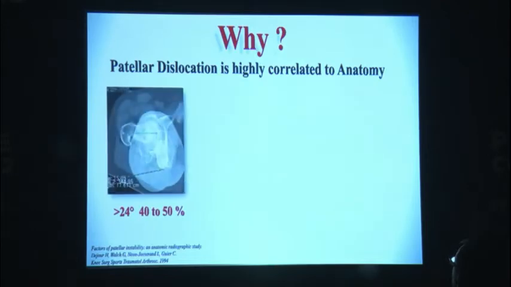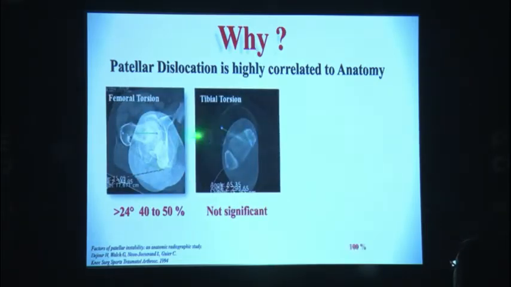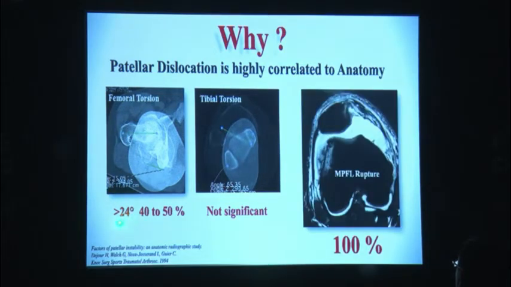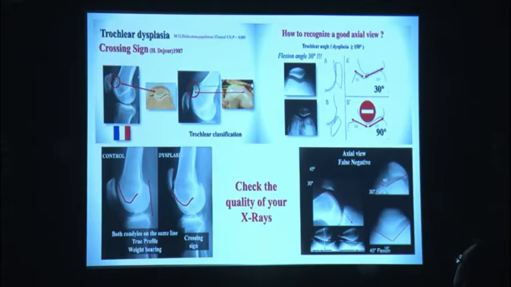You can have sometimes some rotational abnormalities, mostly on the femoral side, between 24 and 40 in 50%. The tibial torsion is definitely not a statistical factor for patellar instability, and of course, you always have an MPFL rupture. You cannot dislocate your patella if you don't have an MPFL rupture, of course.